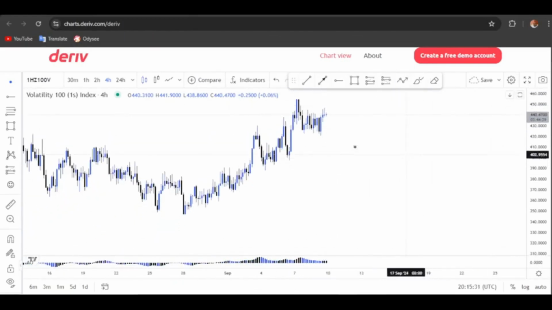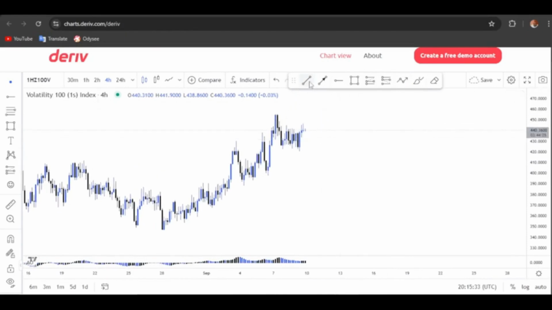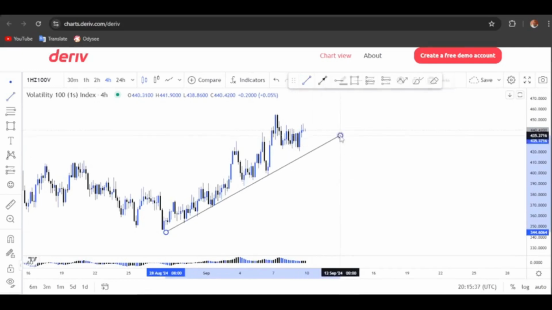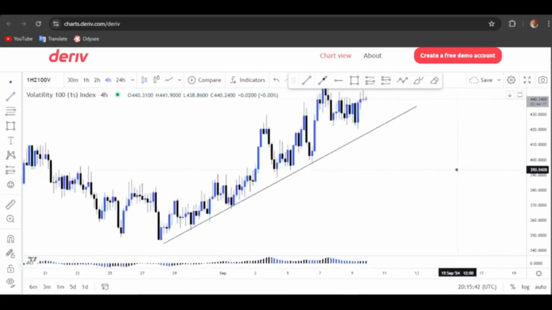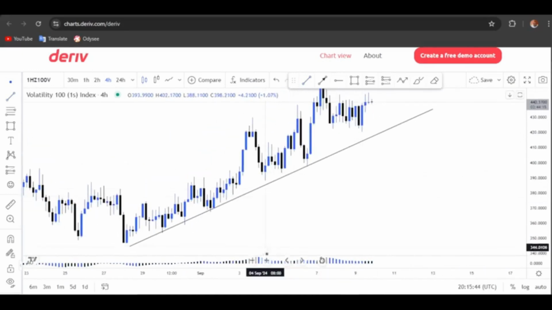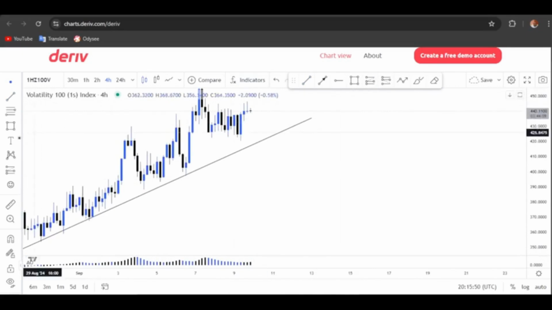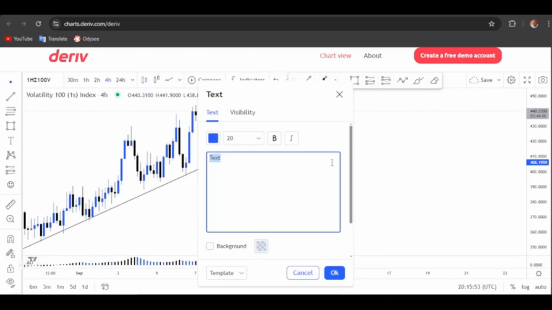The first thing I want to show you is on Volatility 101. You can see here the market has been on an uptrend. This is a 4-hour time frame. I also forgot to mention, guys, that we're going to be using one indicator called the Awesome Oscillator.